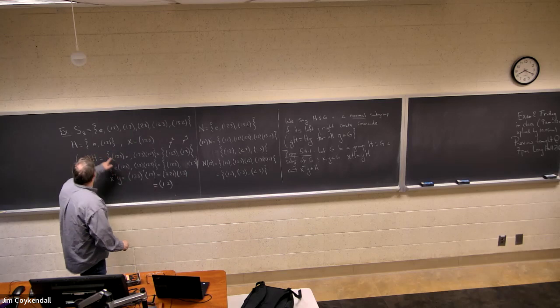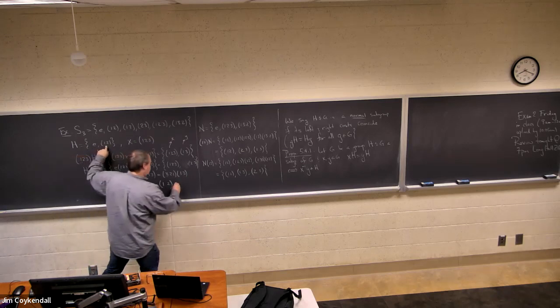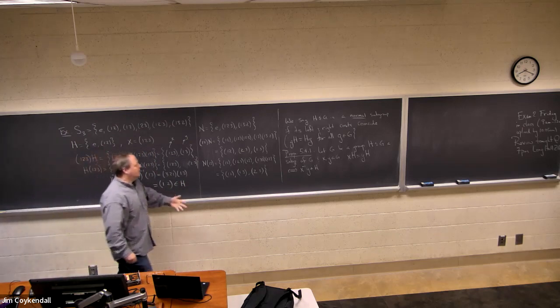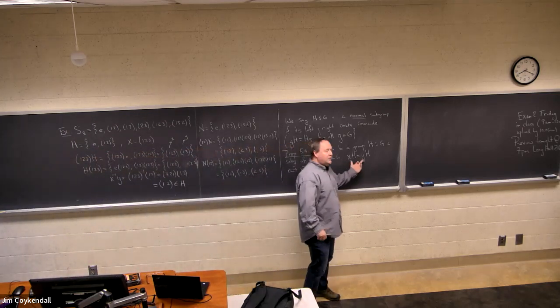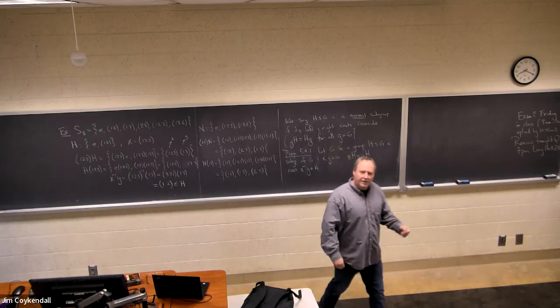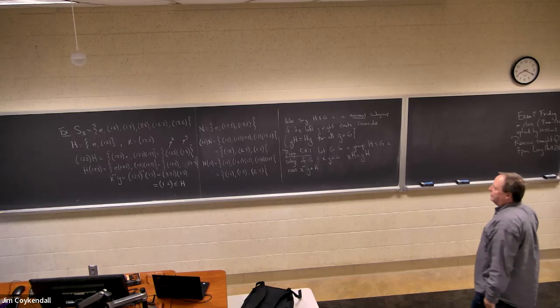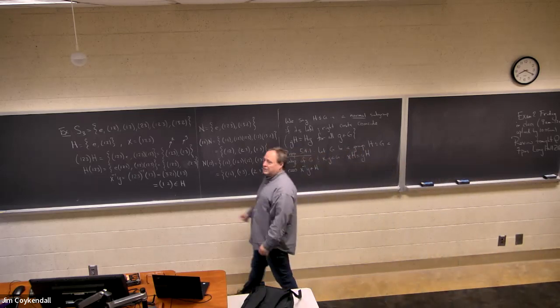And notice, (1 2), how about them apples? That's what this theorem says. XH and YH live in the same coset if X inverse Y is in H. And we see it works right here by just doing this computation.